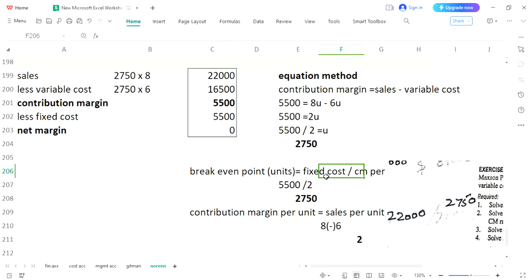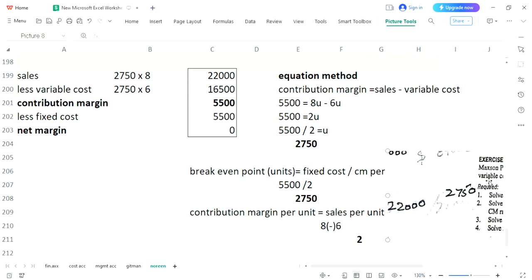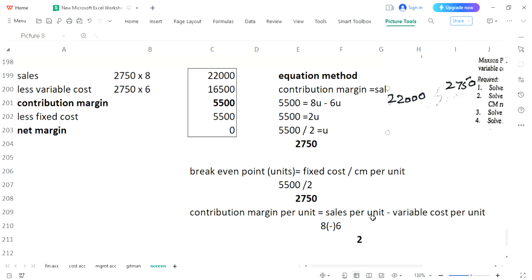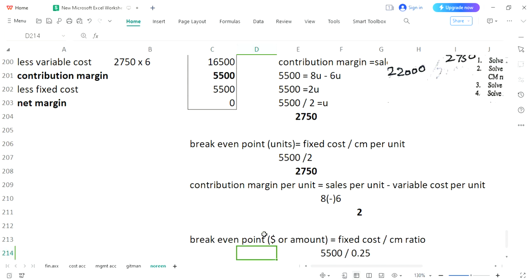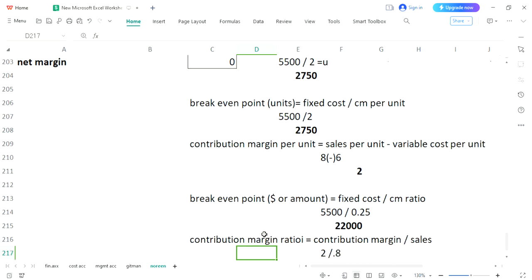A formula was used to calculate break-even point. This 2750 with the equation method, and this 2750 you have calculated through a formula, and the formula must be in your mind. We have already written it over here. Okay, the second thing was break even point in terms of sales. You have calculated it through an equation there, and here you have calculated break even point in terms of amount.